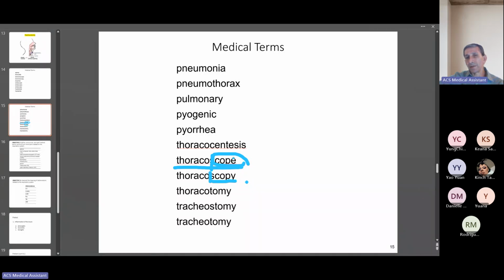Here it is, the instrument to see inside the chest. This is the visualization of the chest, of the lungs. So we're doing this, the action. We are actually looking through using this thoracoscope because we check with this instrument.